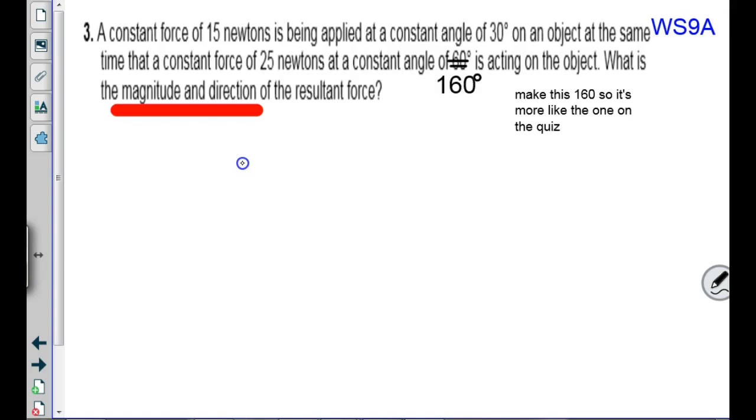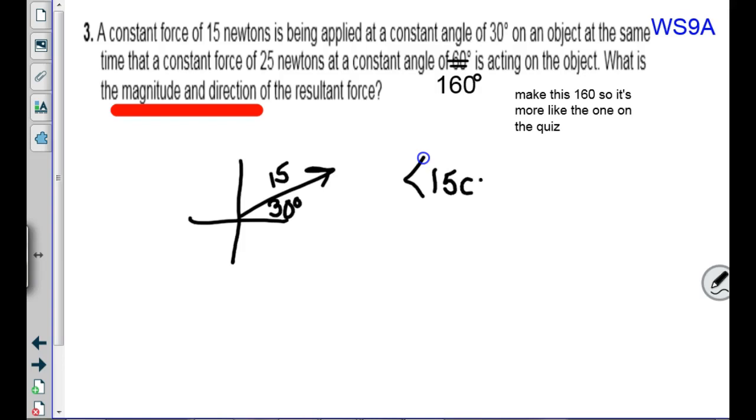A constant force of 15 newtons is being applied at 30 degrees, okay? So we would just have for the components what? 15 cosine of 30 and 15 sine of 30. We're still in degrees, right?